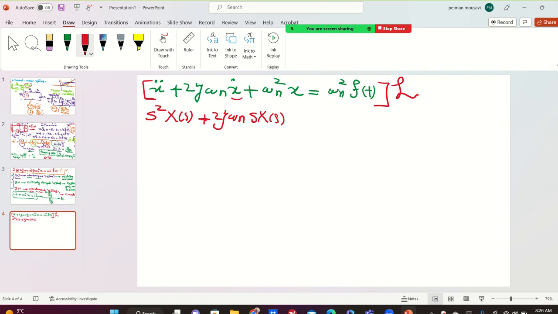Every time derivative gives you this. Remember, go to the tables of the Laplace. Plus omega n squared x of s equals omega n squared f of s.